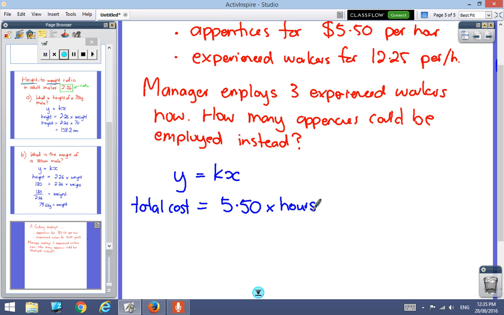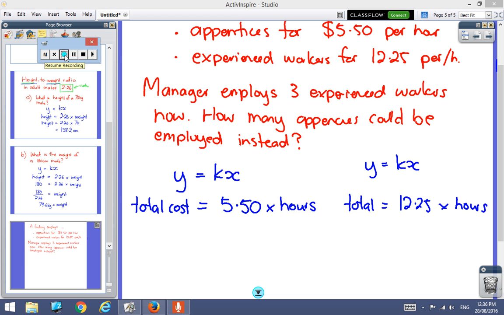So the total cost for employing somebody is $5.50 multiplied by the number of hours. It's the same over the other side, where the total cost for an experienced employee is the same calculation, but it's a different rate. They're getting paid more because they're more experienced and in theory they're more valuable to the company.